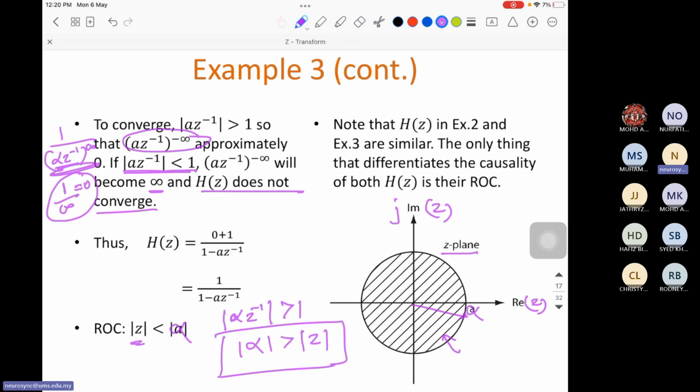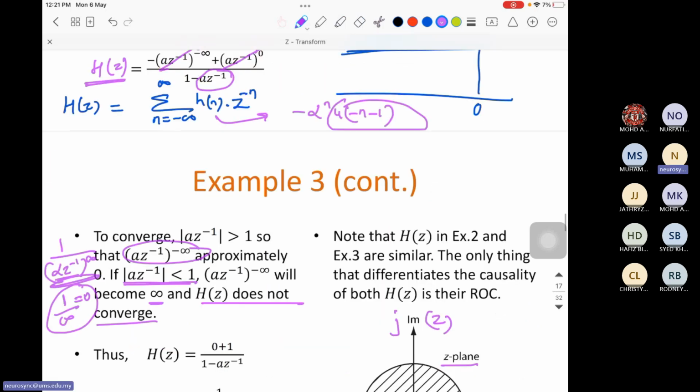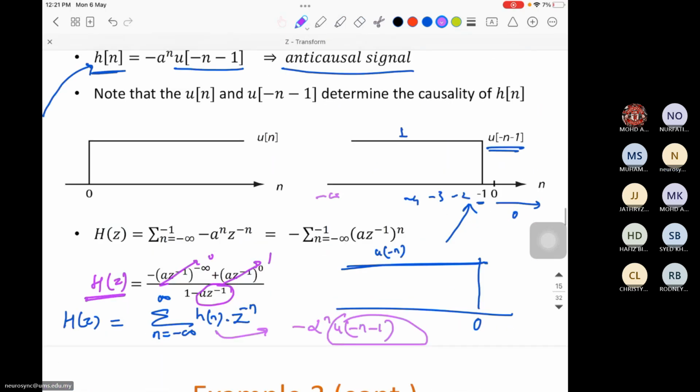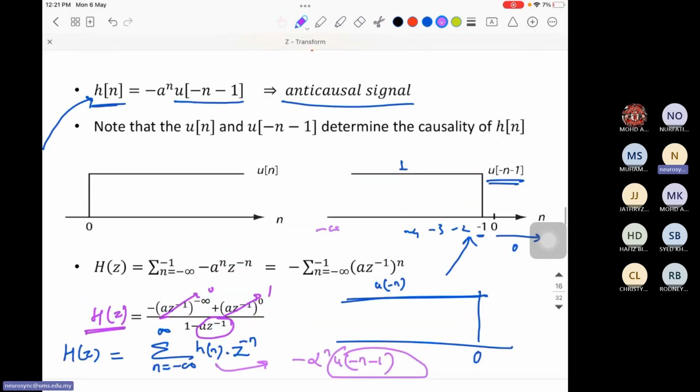Therefore, if the region of convergence is inside the circle, then this is an anticausal system. In the previous example, alpha to the power n u of n was a causal signal. Now here, this is an anticausal signal.